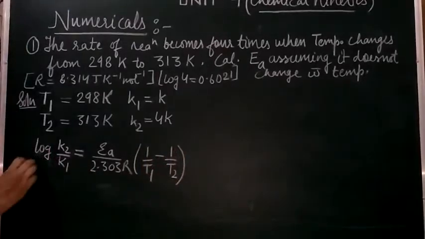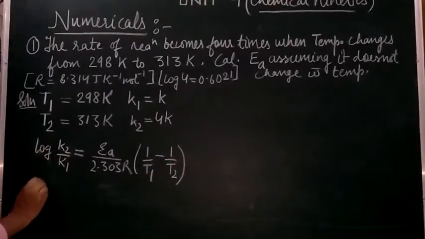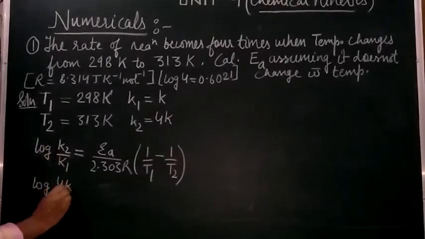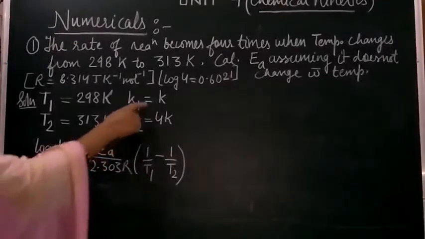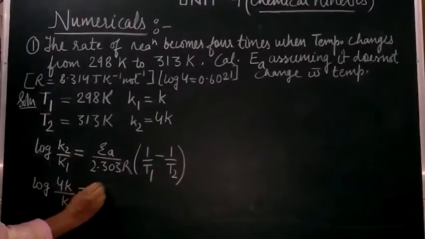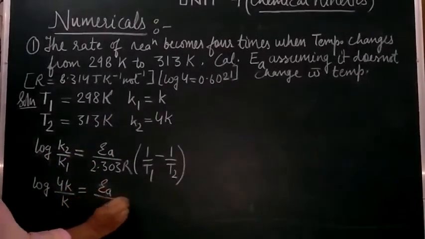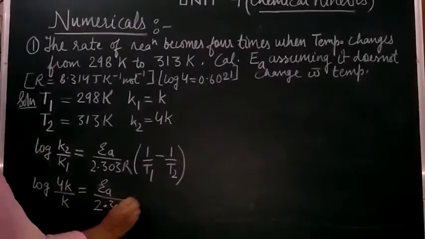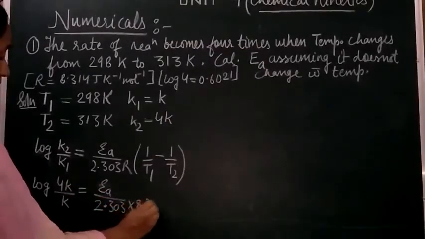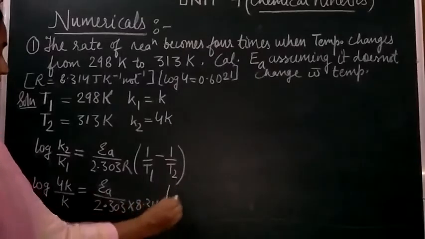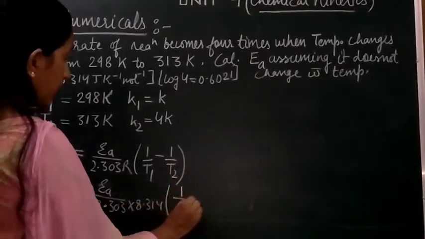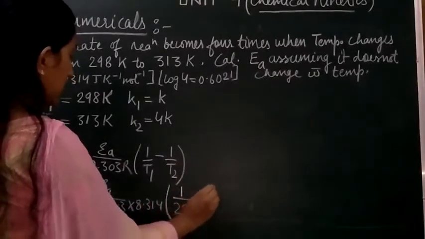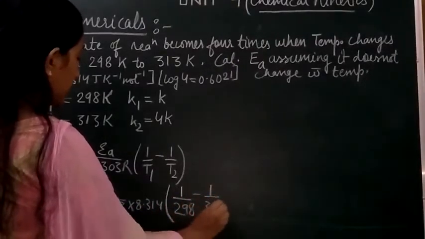Now we will put the values. What is K2 here? It is 4K. K1 is K. It is Ea upon 2.303, R is here 8.314. Within bracket we'll write 1 upon T1 which is 298 minus 1 upon 313.